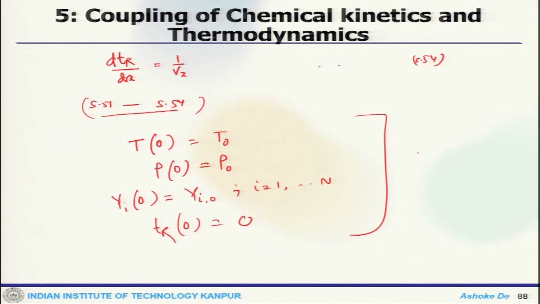So, this is your set of equations from A to T, exposed to these initial conditions.